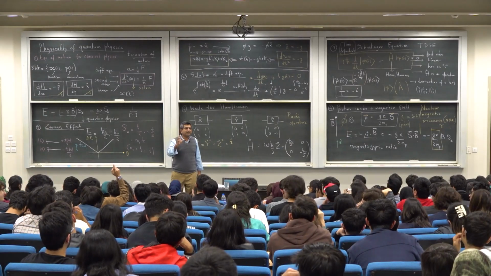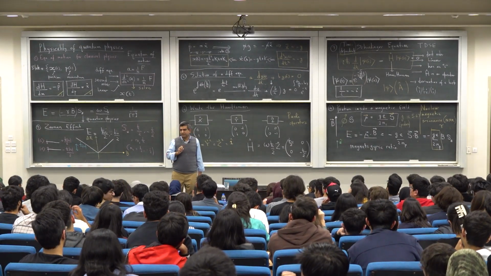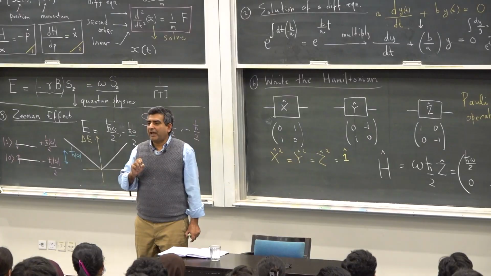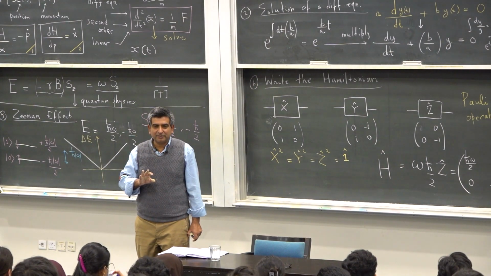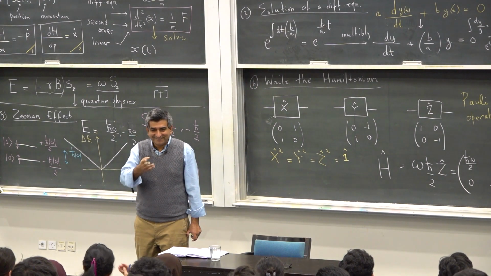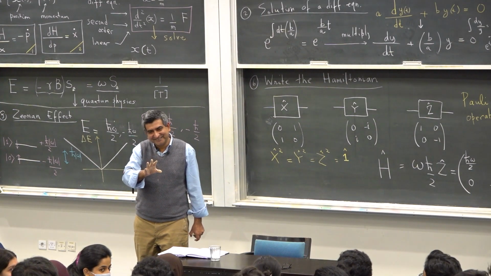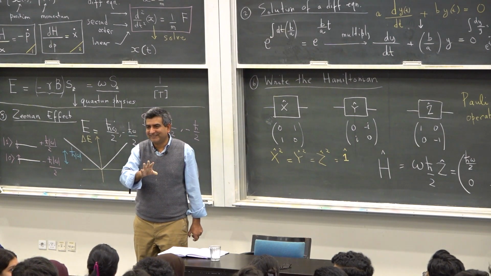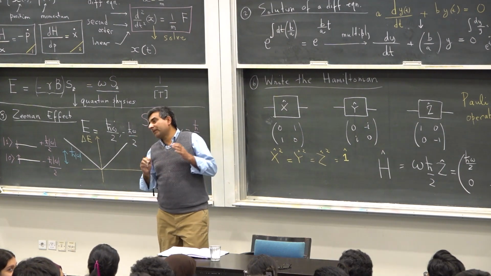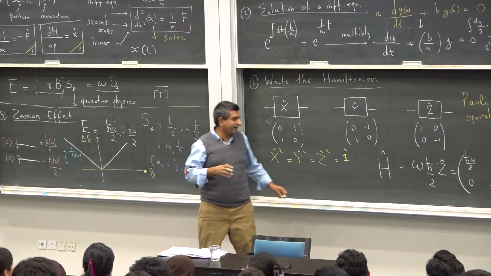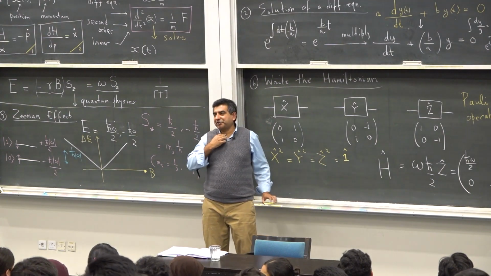So do you know what the eigenvalue of a matrix is? Have you studied it in the course so far? Yes or no? Don't be afraid of your peers. Right, so that's why this is a digression.